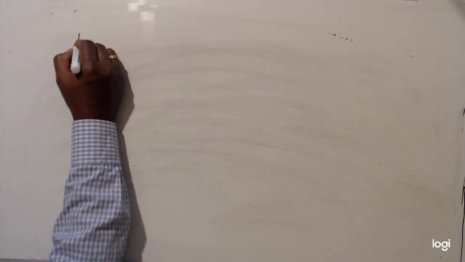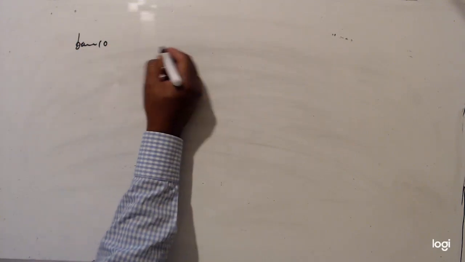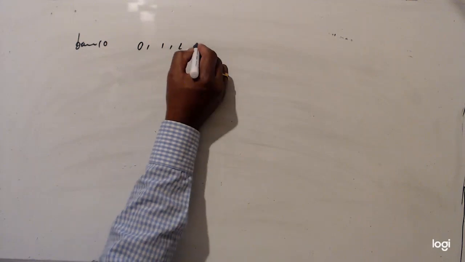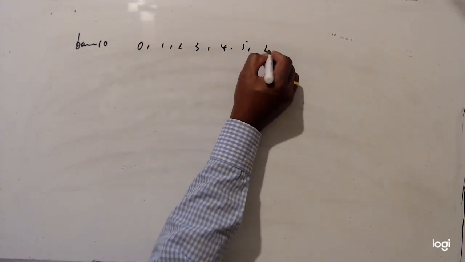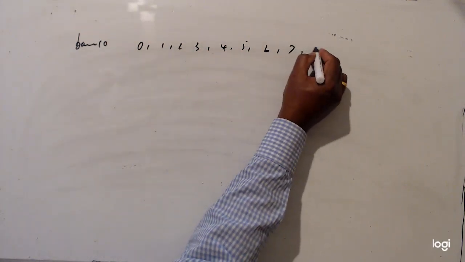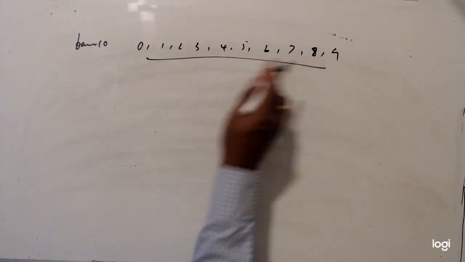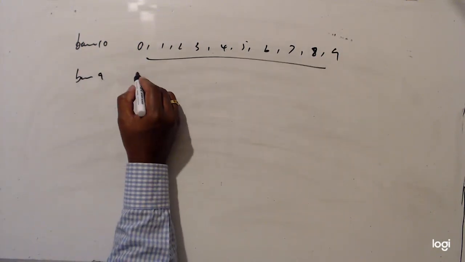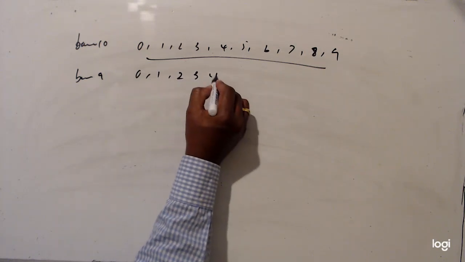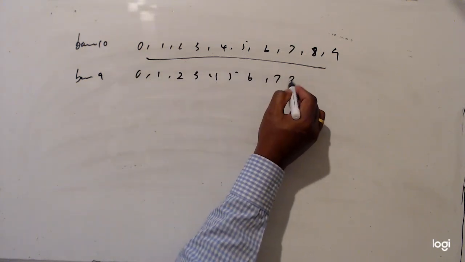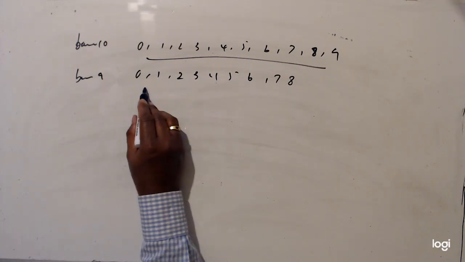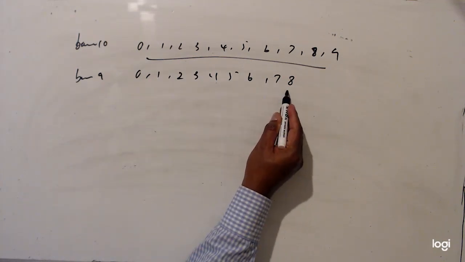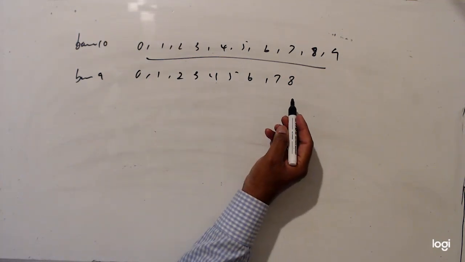Base 10 means 0 1 2 3 4 5 6 7 8 9, so 10 numbers. If it is base 9, 0 1 2 3 4 5 6 7 8, 9 numbers, 0 to 8.